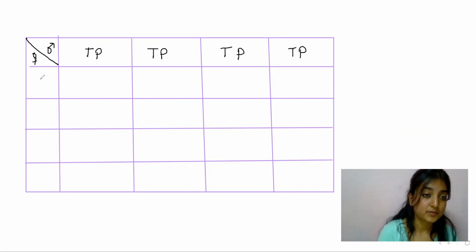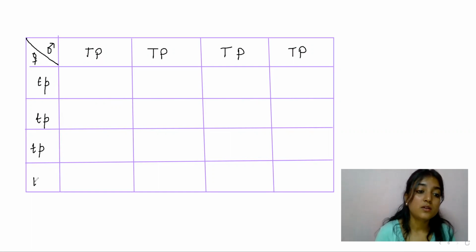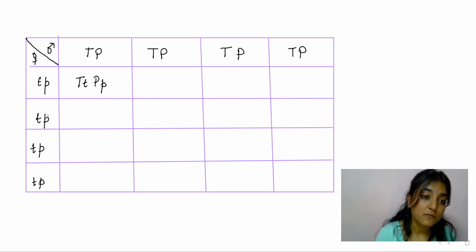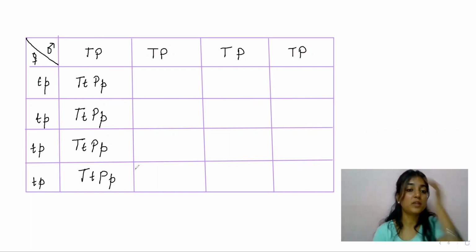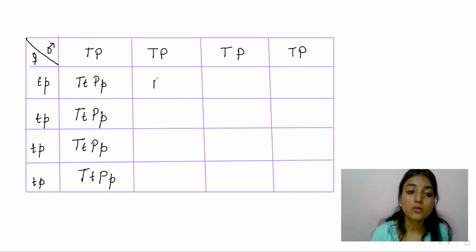Now we will do the cross and make this Punnett square. Capital T, small t, capital P, small p. We will write it like this, then this with this, capital T, small t, capital P, small p, and again for each. So here all the columns will be the same.